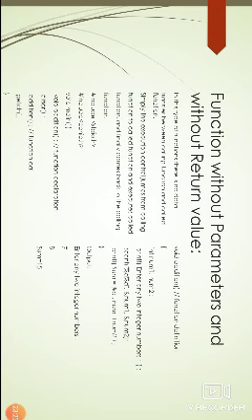So scanf, bracket open, double quotes, percentage d double quotes, comma, ampersand num1 comma ampersand num2, bracket close, semicolon. Here the first percentage d reads the first integer value and stores it in the address of num1, and the second percentage d reads the second integer number and stores it in the address of num2.